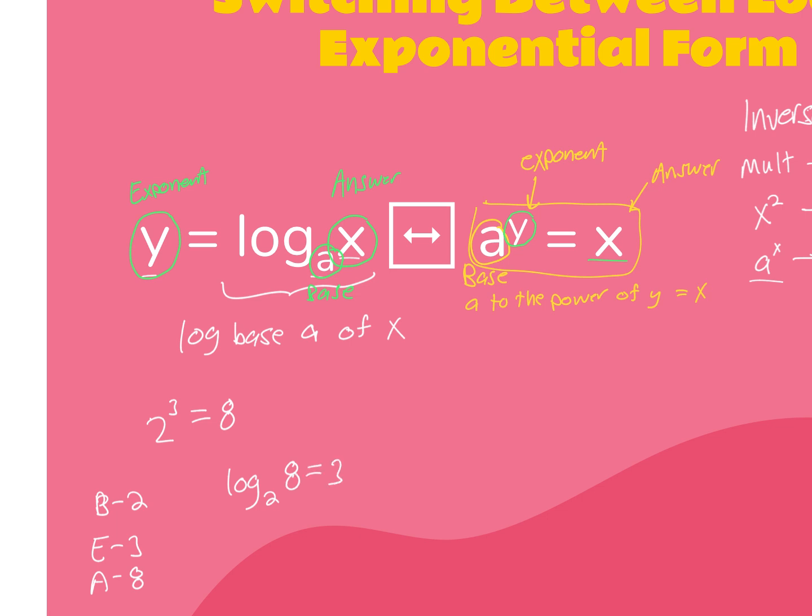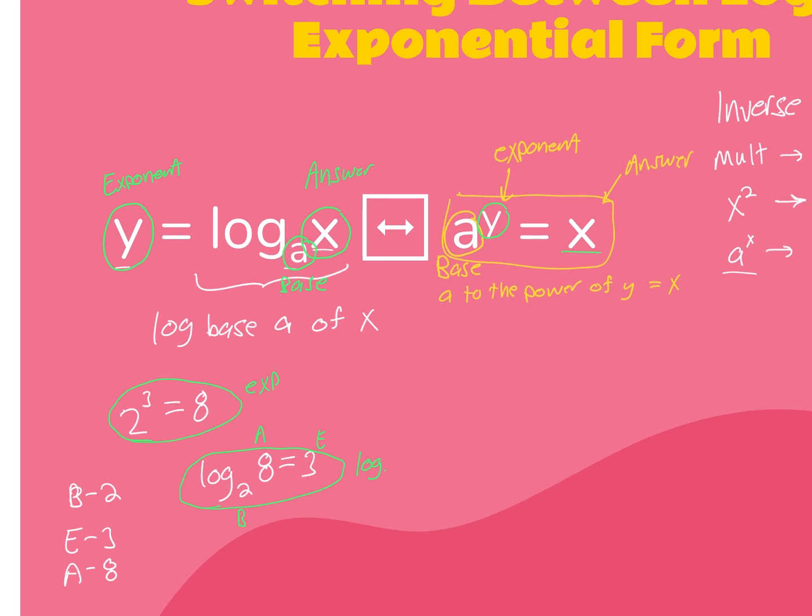One way that you can remember this is BAE: base, answer, exponent. When you're converting from exponential to logarithmic, that's what it would be. So this is in exponential form, and then I have this right here, which is in logarithmic form. So you can always go back and forth between the two.